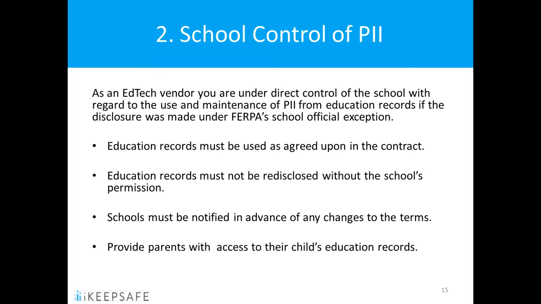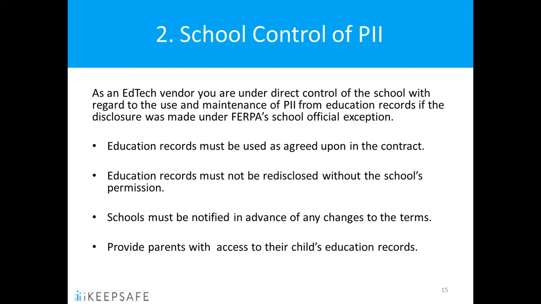Upon request, provide parents with access to their child's education records, or the eligible student if that's the case. FERPA guarantees parents and eligible students the right to access their information, including those maintained by providers on behalf of the school. And this has to be done within 45 days of the request.